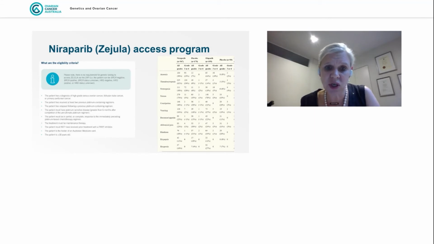So it's important to tell your medical oncologist if you are experiencing side effects if you are on maintenance therapy, because we know that a significant proportion of patients, both on the SOLO-1 and SOLO-2 trials, so they are the olaparib PARP inhibitor trials for BRCA1 and BRCA2 carriers, and an even greater proportion of patients on the PRIMA and NOVA studies looking at niraparib in the relapsed and first-line setting, experienced side effects that needed them to reduce the dose of the medication, but patients' tumours still responded to those lower doses.